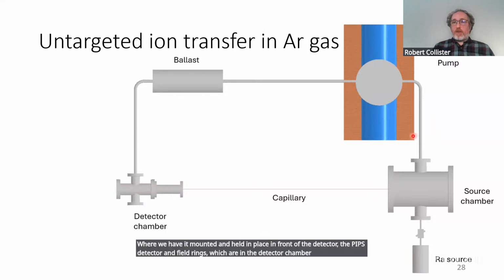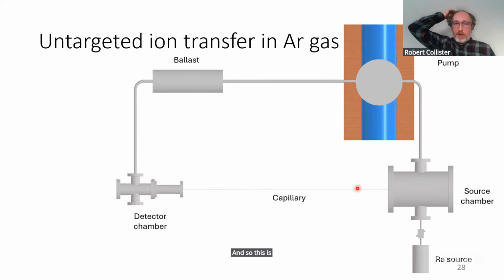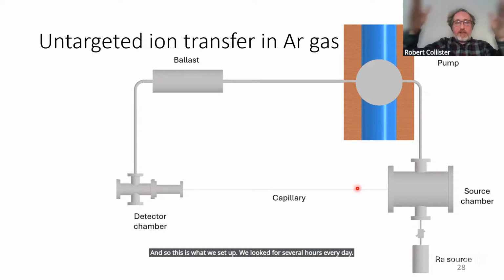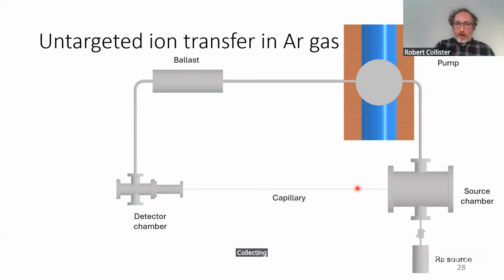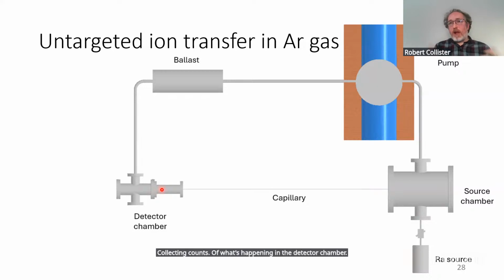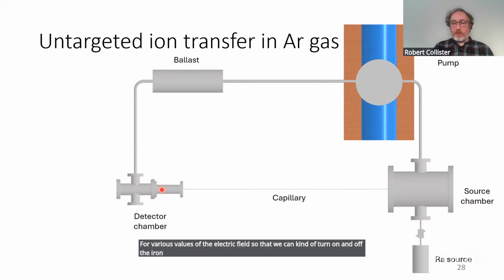And then we just have a recirculation pump keeping the pressure difference what we want it to be to maintain laminar flow up the capillary. And so this is what we set up. We looked for several hours every day, collecting counts of what's happening in the detector chamber for various values of the electric field, so that we can turn on and off the ion transfer by deflecting the ions away.